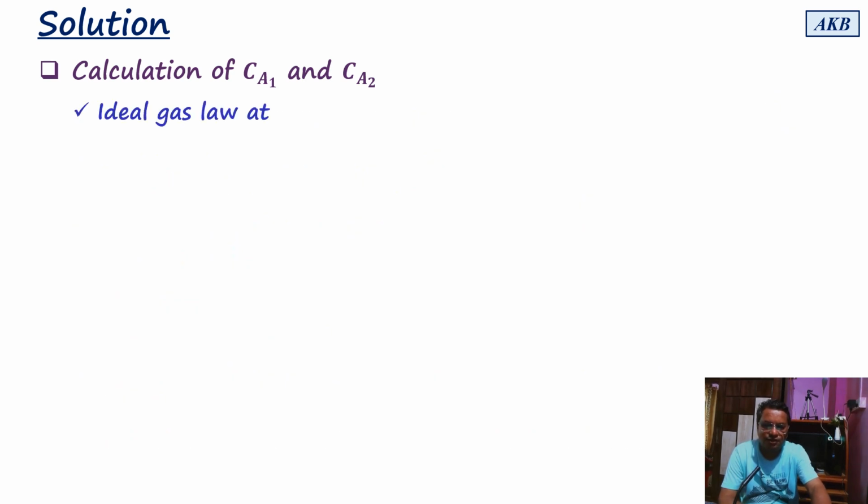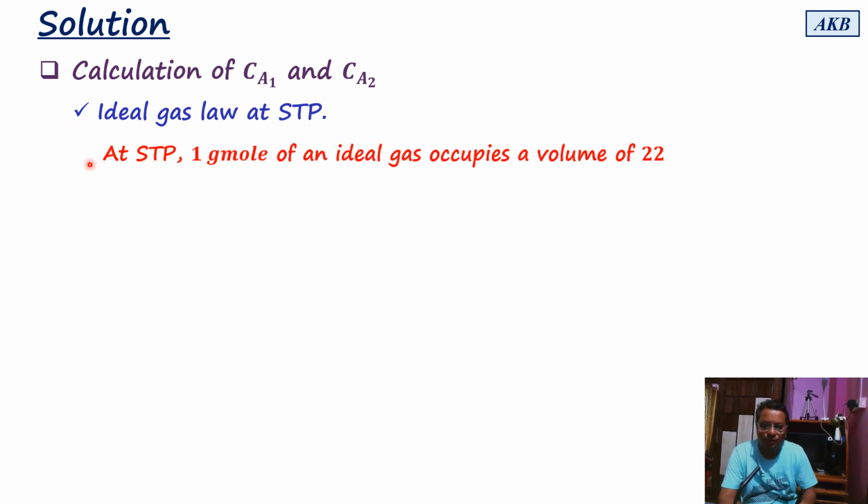Continuing with this, we will apply the ideal gas law at HTP. To begin with, we are using this information. Everyone knows that at STP 1 gram mole of an ideal gas occupies a volume of 22.4 liters. For every ideal gas, 1 mole will occupy 22.4 liters at standard temperature pressure conditions.